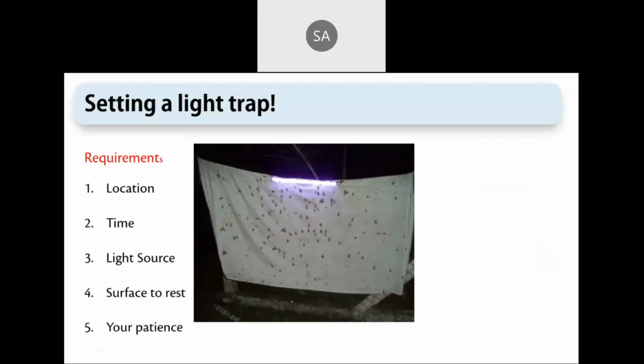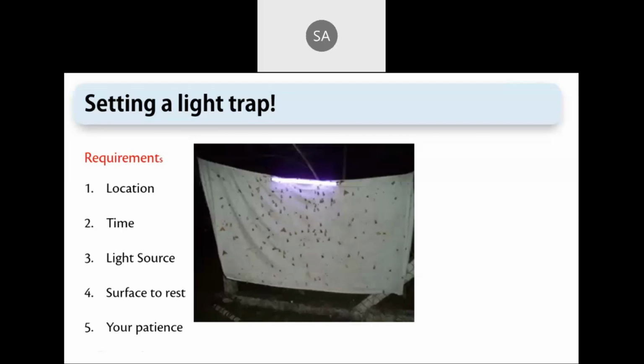So setting a light trap, what do we need? At first, we need to set a location where we go and then put the cloth sheet. Here we can see this photo was taken in Dihing Patkai National Park in 2016. This white color sheet we have put on some trees or on one fencing, and one tube is being used. This tube is known as actinic tube. It emits ultraviolet rays. So point number 2, that is time.